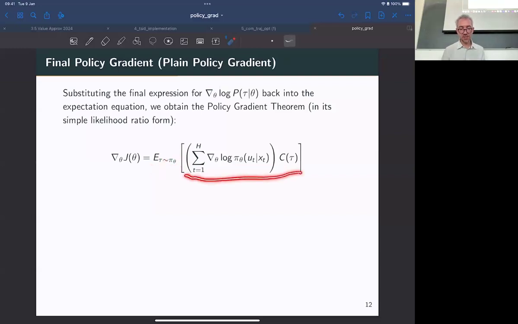And what we have inside the expectation is a product. This term here is simply the cost of a given trajectory. And this term here is the summation of the gradient of the log probability of the actions that were taken given the states that were visited.